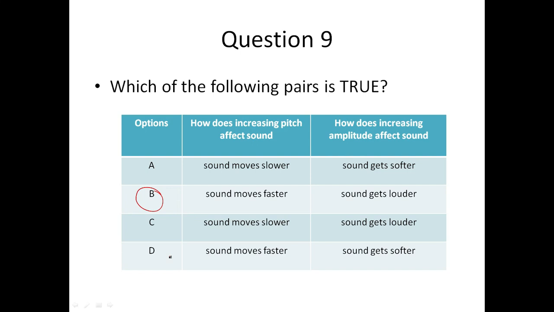The sound will get louder, right? How does the increase in pitch affect sound? The frequency will be more. There will be more frequency, so sound will get higher in pitch, and then it will get louder, right.